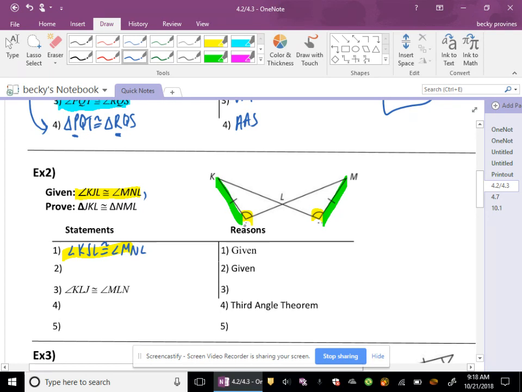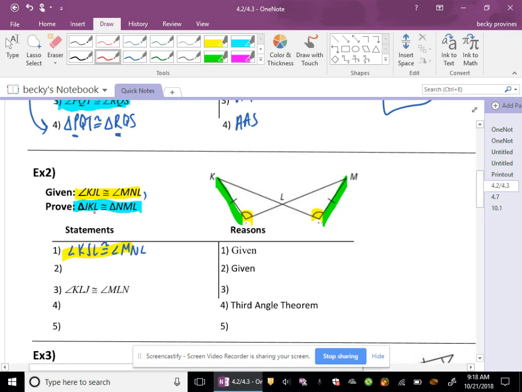Now, it looks like some of the letters got cut off, so let's just make up some letters. I think that might have been an N, and let's call that an O. Actually, we could figure that out here. I'm backing up. I can figure this out by looking at my congruency statement and seeing which letter is missing.